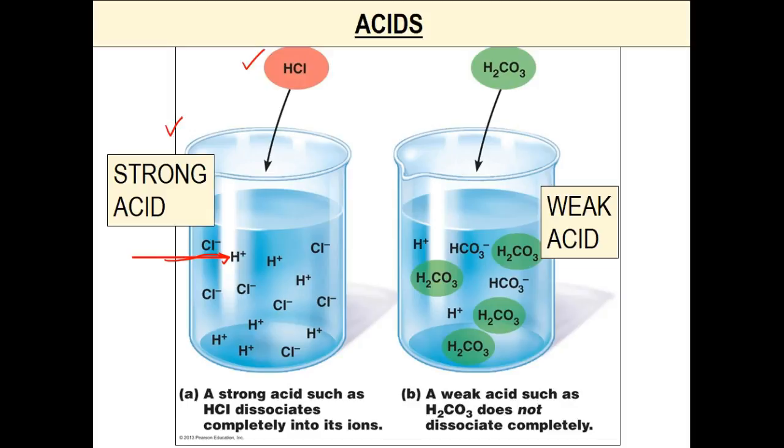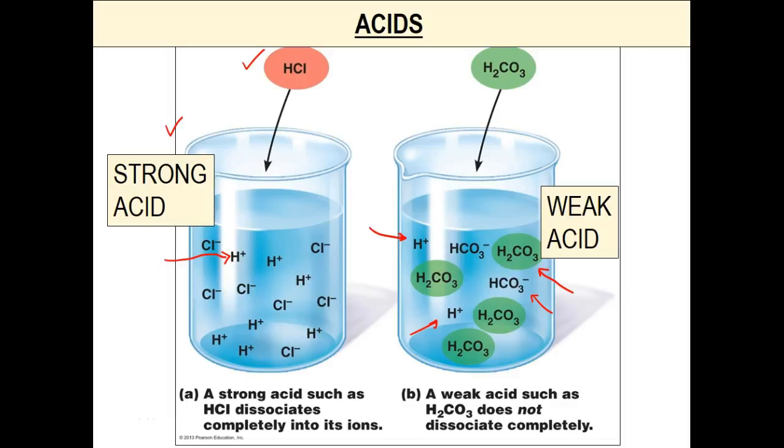So a strong acid, such as hydrochloric acid, dissociates completely into its ions. But a weak acid is not going to dissociate completely. Here we have carbonic acid, and it is going to dissociate somewhat into bicarbonate ion, and you can see there are just a couple of hydrogen ions in this solution.